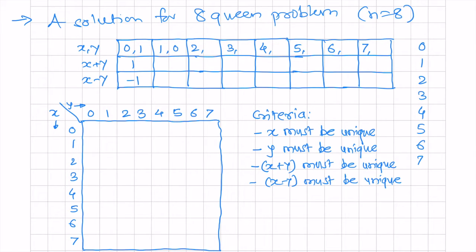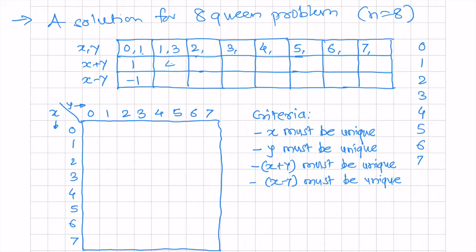So let's remove that. I can't use 1 as well because 1 is already used here. And if I use 2, there is still a problem because the difference will be minus 1, which we already have. So I can't use 0, 1, 2 and I have to use 3 here.